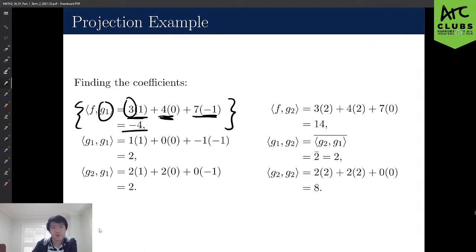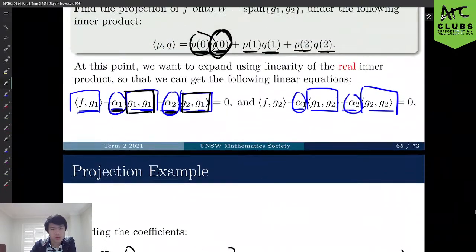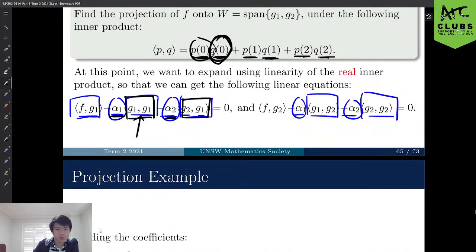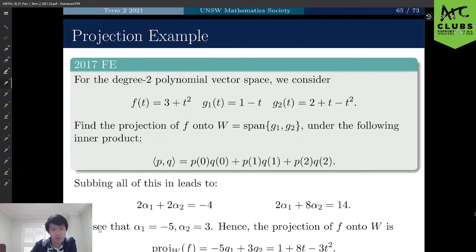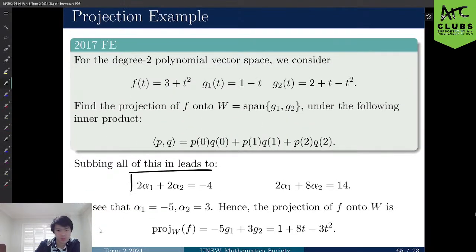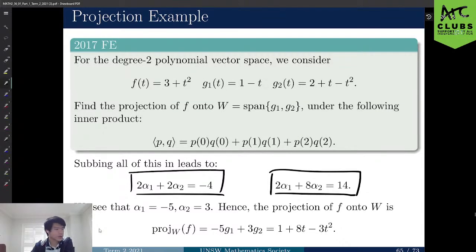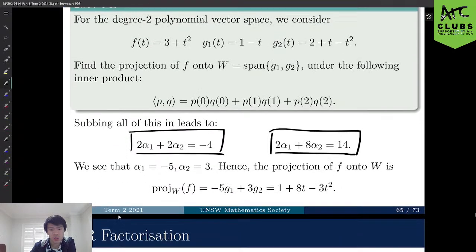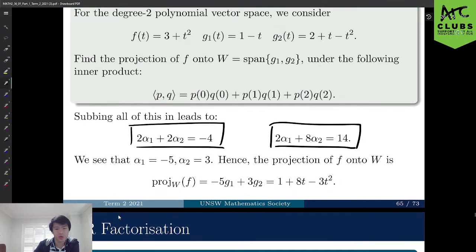And we'll do that for all of them, and we'll get all of these numbers, and then we can just sub them in. So remember that these were just coefficients to plug in. So we just plug them all in, we'll get this nice linear equation. From then what we can do is just find out what alpha 1 and alpha 2 are going to be, and then that will give us the projection.